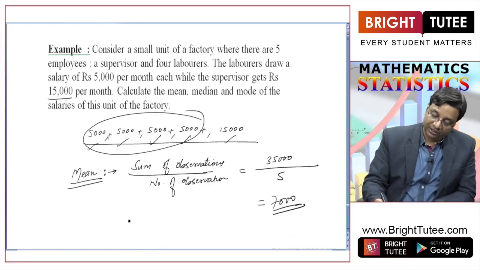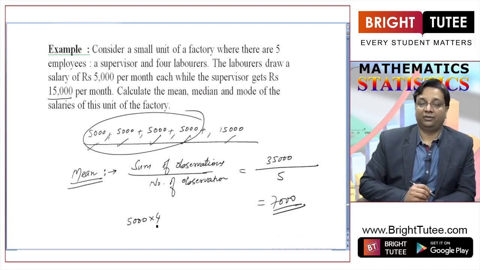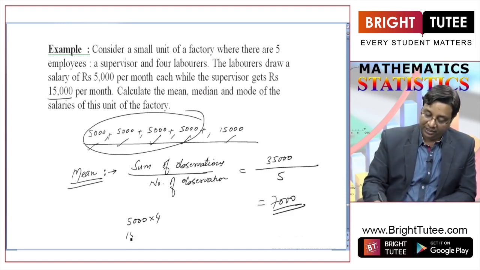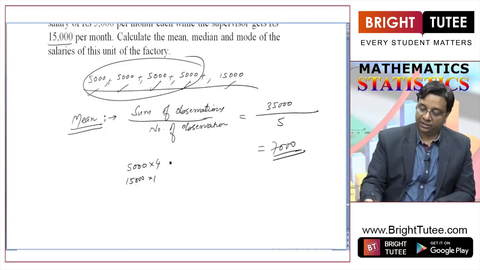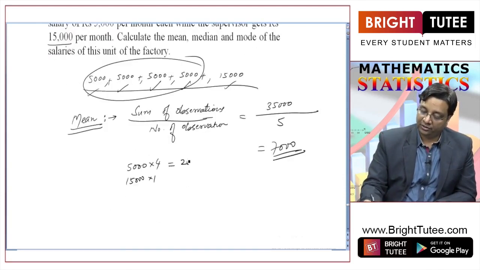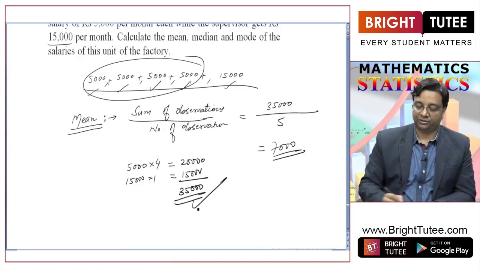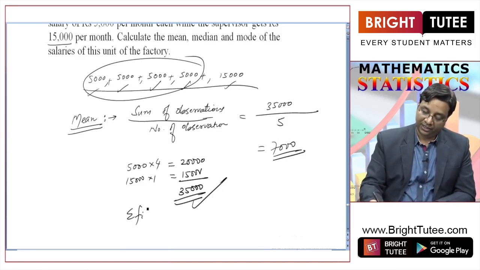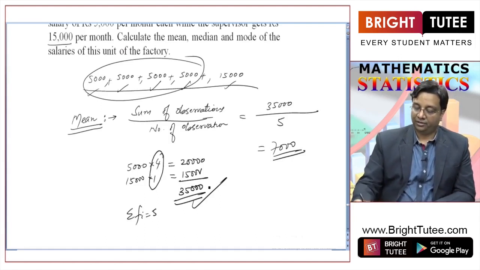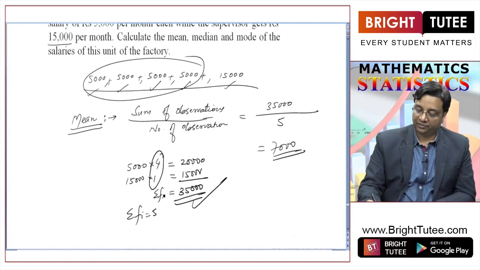So what you could have done is multiply 5,000, which has a frequency of 4, by its frequency, and 15,000 has a frequency of 1, right? So this is another way to calculate the sum, and this is sigma fi xi that we discussed previously, again 35,000. And what is sigma fi? It will be the sum of these frequencies, that is 5.